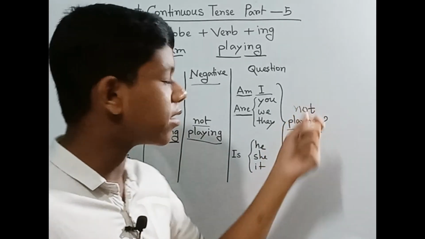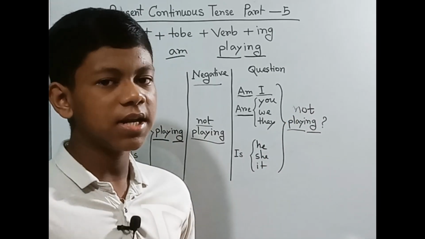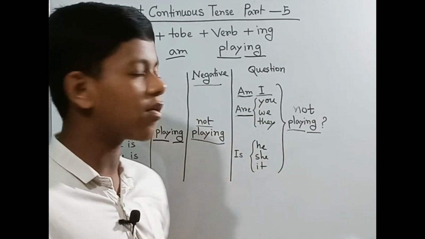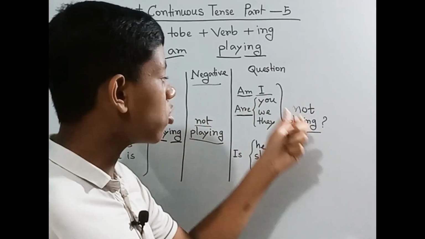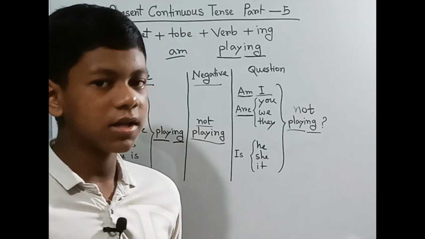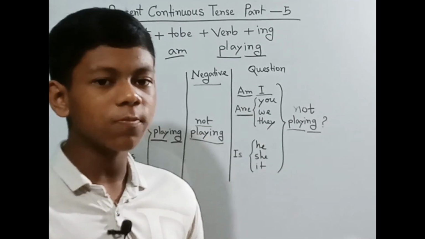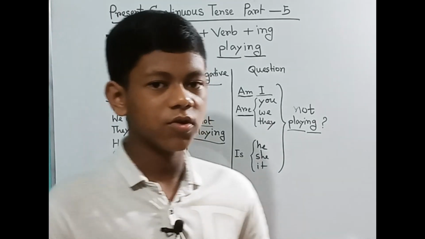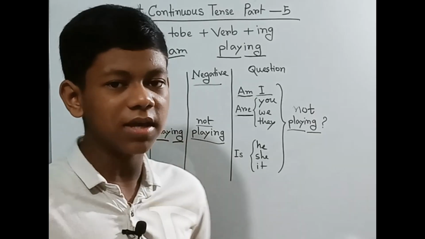Now if we add the word not, it becomes the negative form of question. Then our sentences will be, am I not playing? Are you not playing? Are we not playing? Are they not playing? Is he not playing? Is she not playing? Is it not playing?